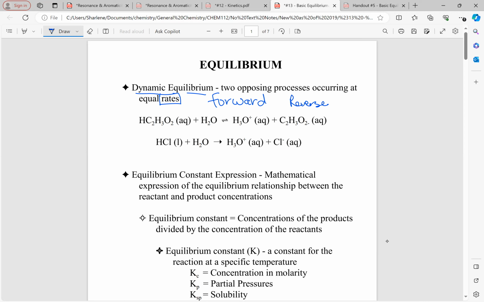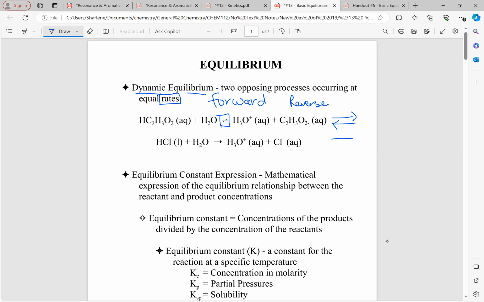One of the biggest differences between everything that we've done in the past and what we're going to be doing here is we now have to write things as an equilibrium equation. An equilibrium equation has an equilibrium arrow, which implies that it can go both in the forward direction and in the reverse direction.